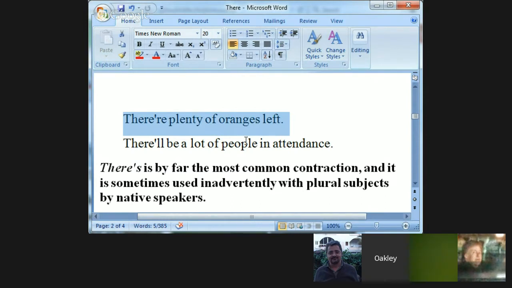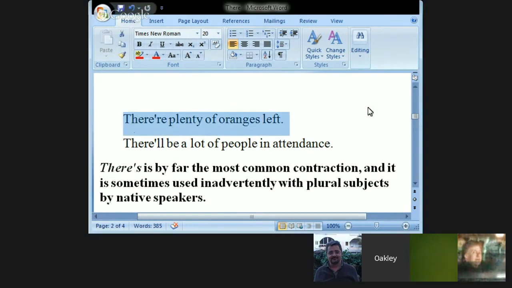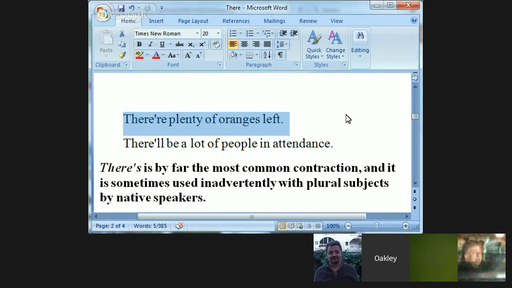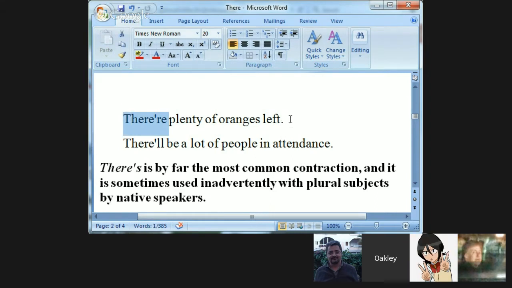Vicente, can you try reading this so we can hear it clearer? Yes. There are plenty of oranges left. There're. Okay. It's a little hard to say, but this is how we say it in the contracted form. There're. And that was clearer than when Kimura said it because of her connection.